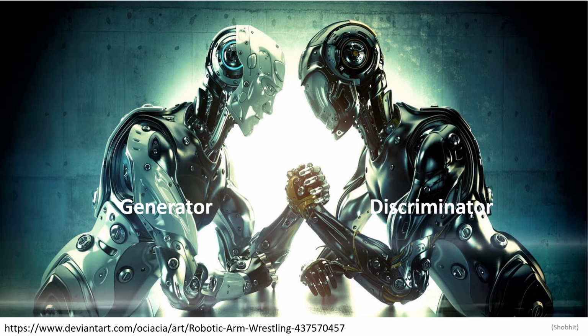Putting both the generator and discriminator together, let's see how their training is performed. Here two robots are arm wrestling. We train the discriminator and the generator like that. We have to take care of one thing: we have to train both the discriminator and the generator together. As they train, the muscles are growing.